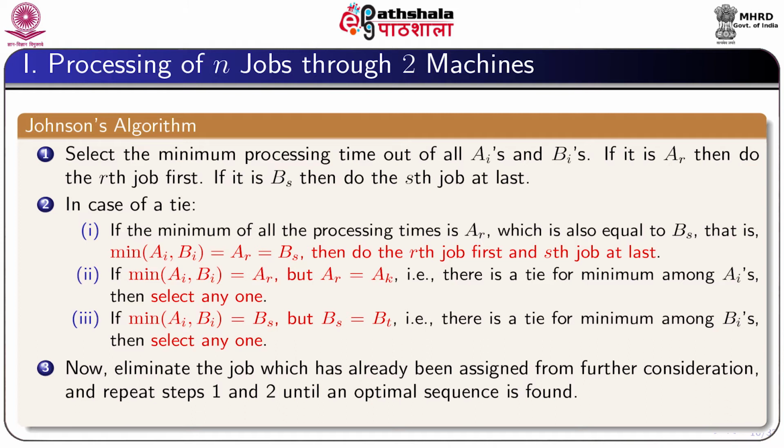And if minimum of Ai, Bi equal to Bs, but Bs equal to Bt, that is, there is a tie for minimum among Bis, then also select any one. Step 3. Now, eliminate the job which has already been assigned from further consideration and repeat steps 1 and 2 until an optimal sequence is found.